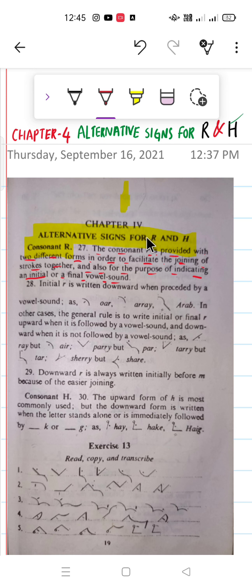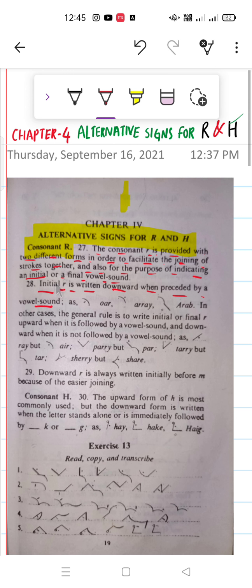So two types of R are given for convenience and for better joining of strokes, and one more reason is to indicate the initial R and the final vowels in that particular word. If you see examples, your doubts will be cleared. Now, initial R is written downward when preceded by a vowel sound.